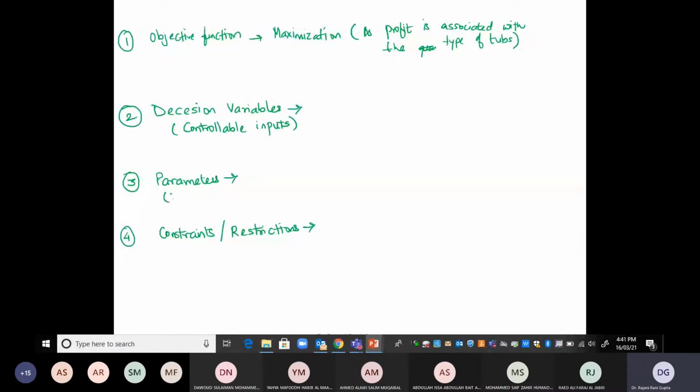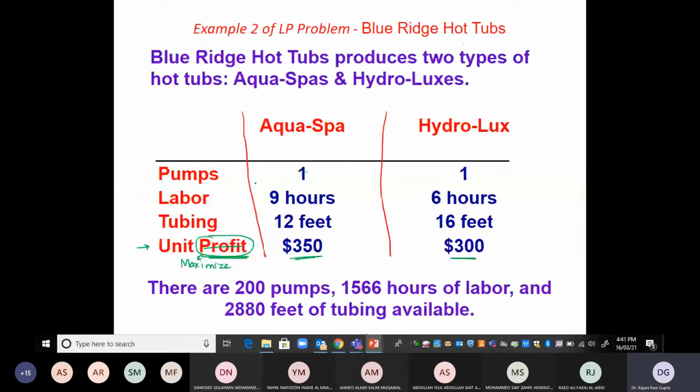Parameters, on the other hand, are uncontrollable inputs. The things which are not in your control. So, what is not in your control here? Is it in your control that the profit on one Aquaspa is 350 and Hydrolux is 300?